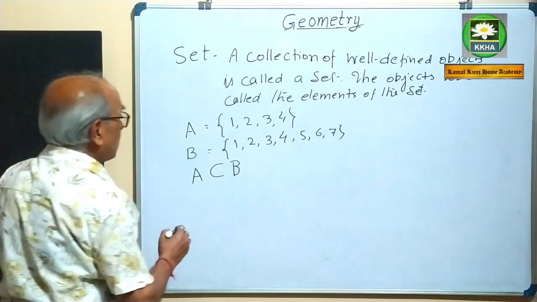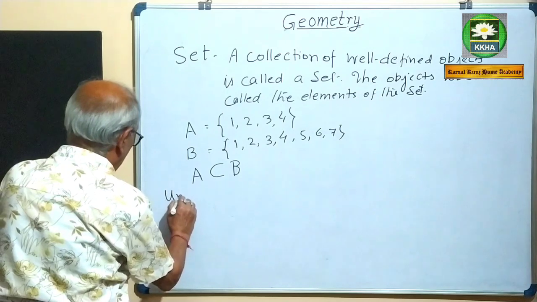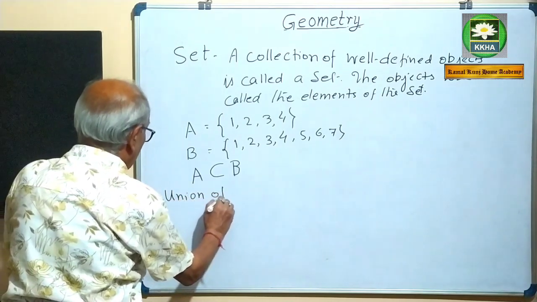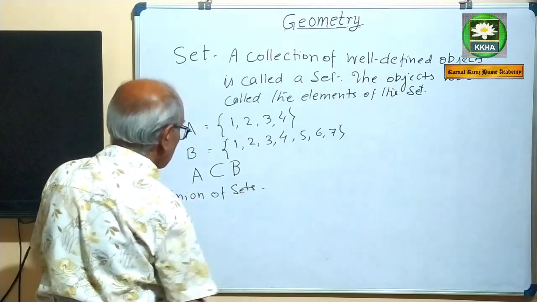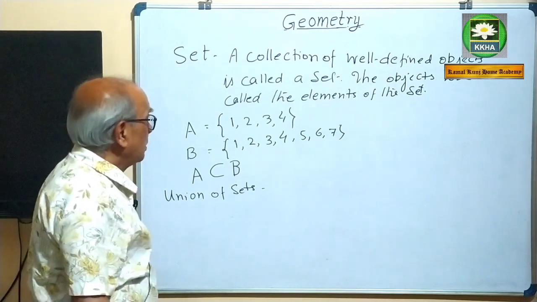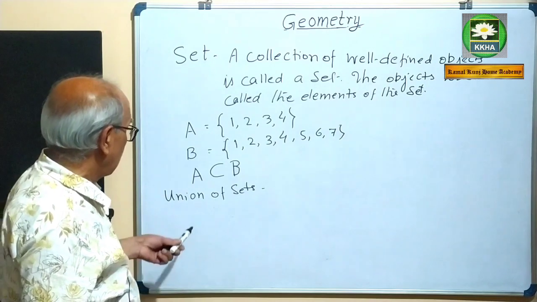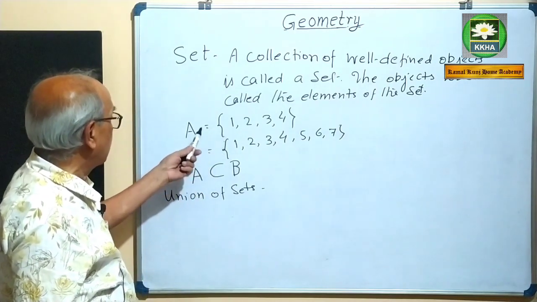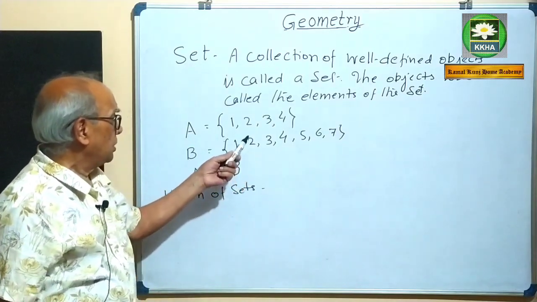Now what is union of sets? Union of two sets A and B is defined as the set containing elements present in A or present in B or both.